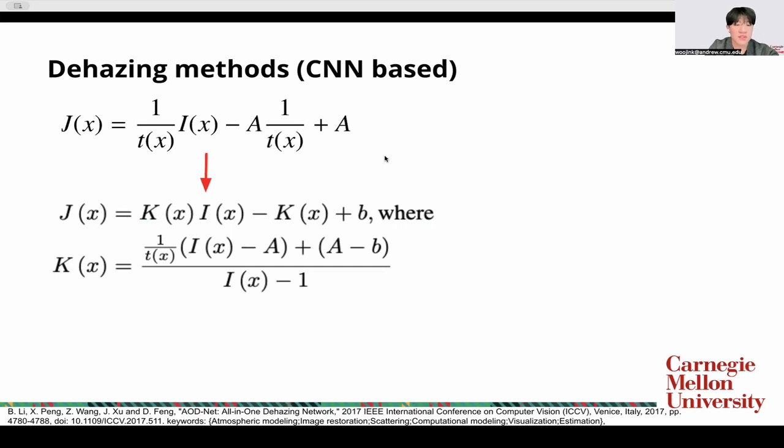From the previous equation, this can be rewritten as the following, which is basically combining the terms T and A together. And at the end, K can be rewritten as the last equation written here.